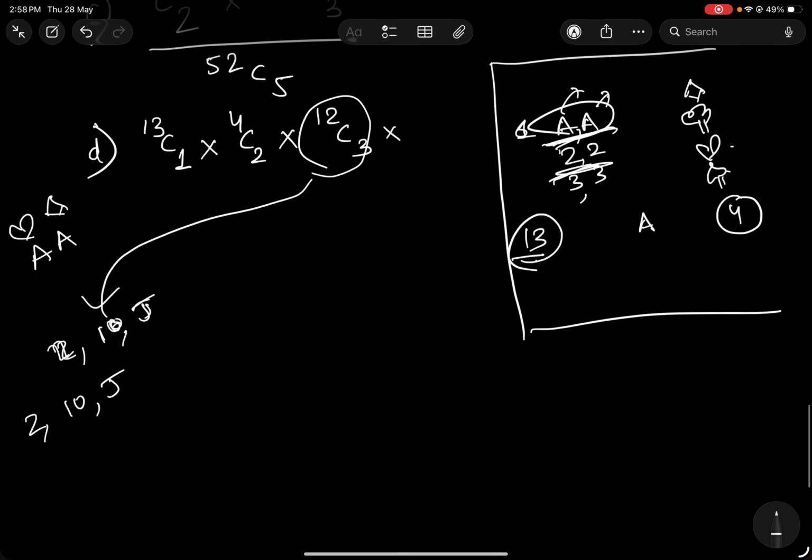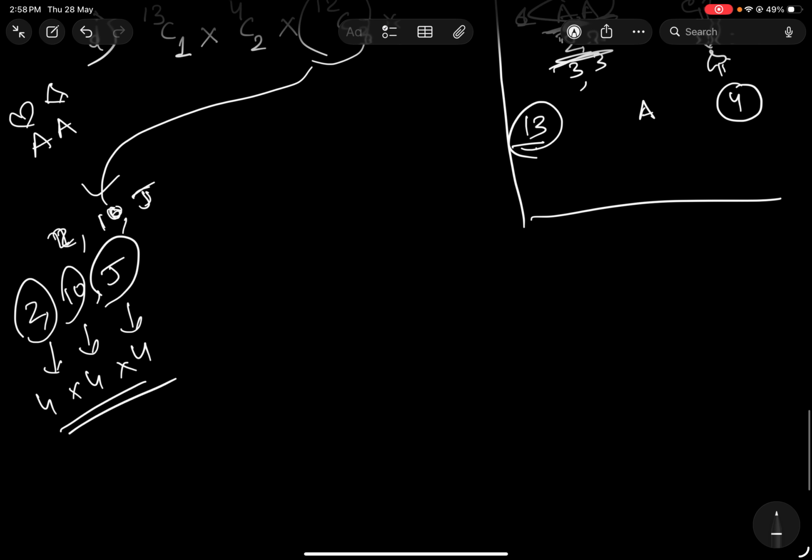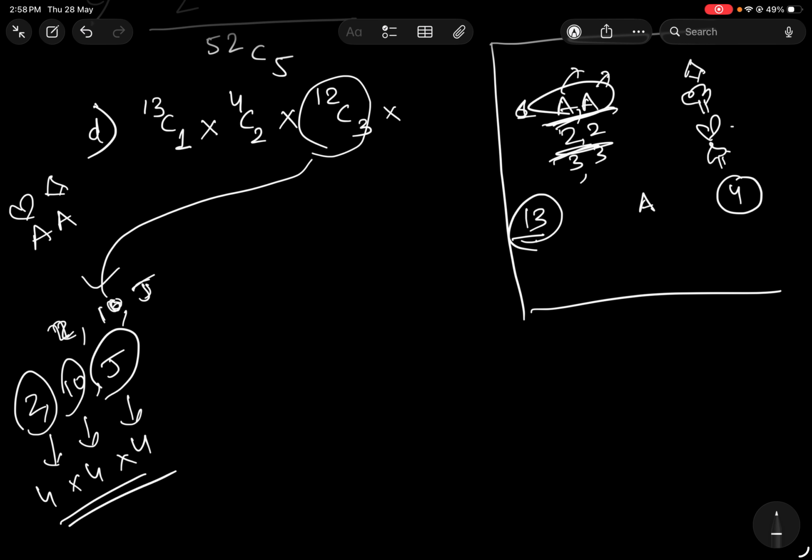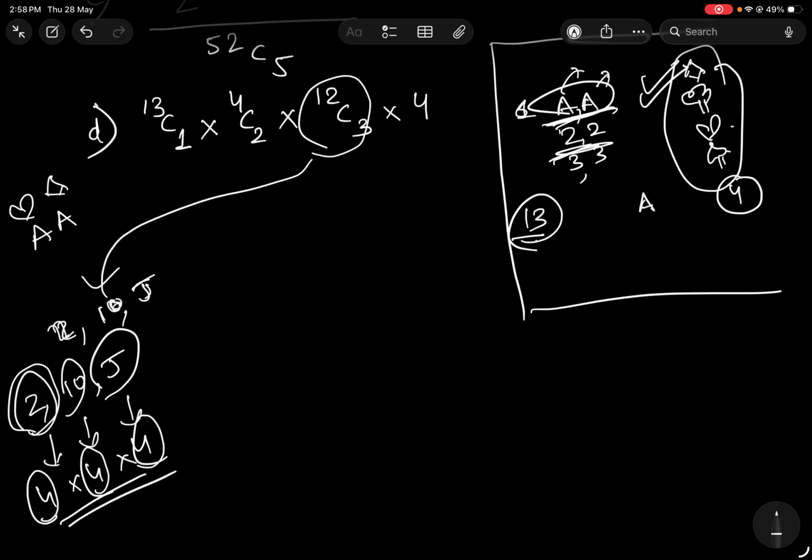And now these can happen in 4 ways each. I can get the 2 from any of four choices of card types, the 10 from these four, and the jack from these four. So there are four possibilities there, four here and four here, and hence I have to multiply by 4 cubed. My denominator is still the same.